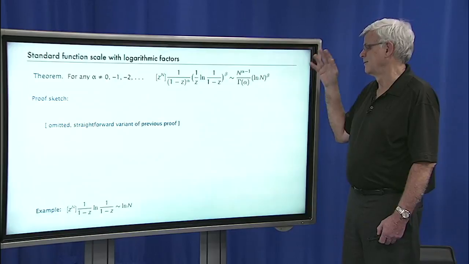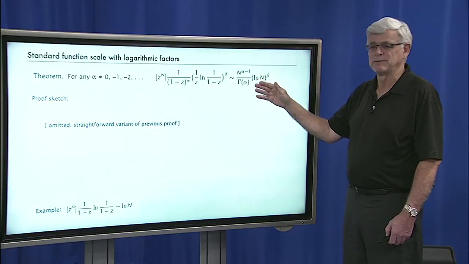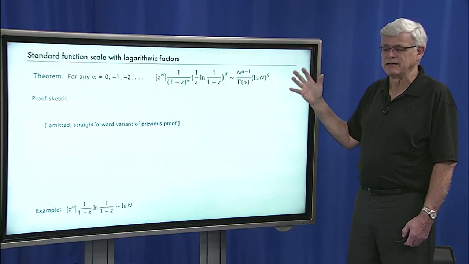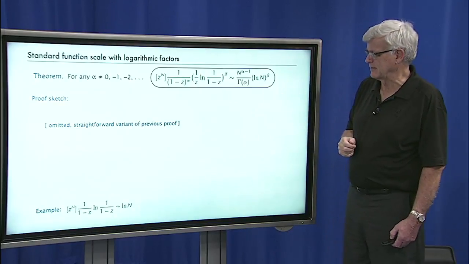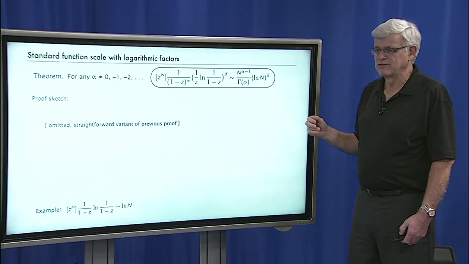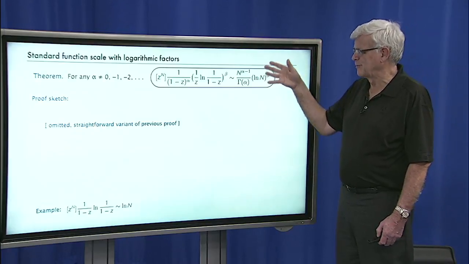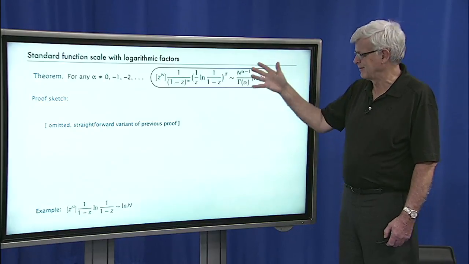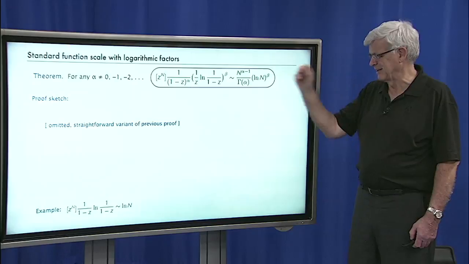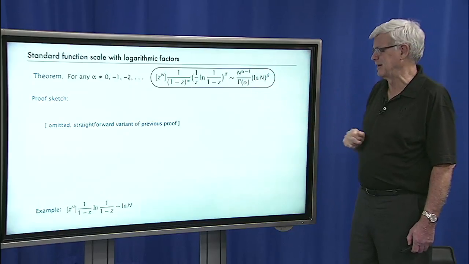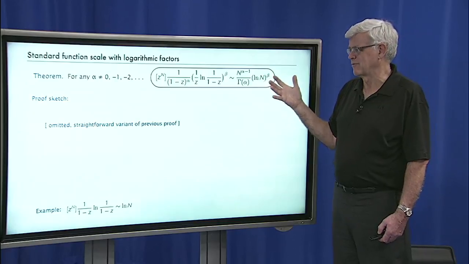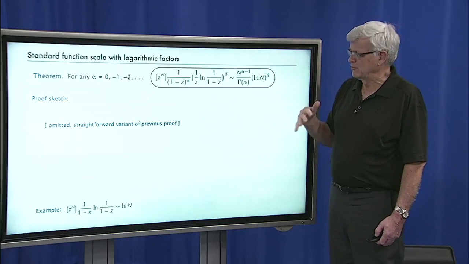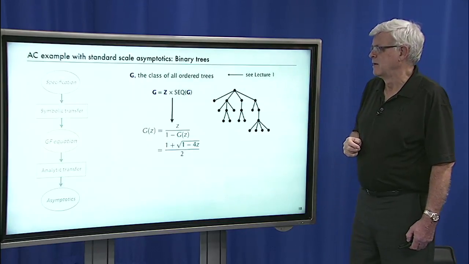This transfer theorem gives us the coefficient asymptotics immediately for lots of generating functions that arise in practice. And there's a table in the book that actually does it for all the alphas and betas, just like the table that I showed. But that's a very powerful and useful transfer theorem.